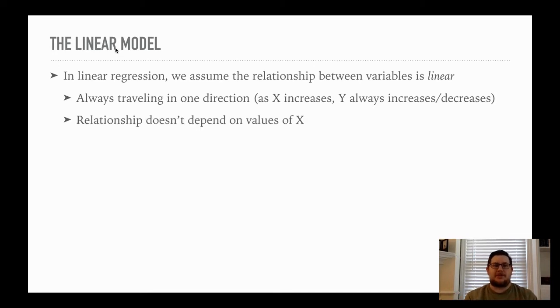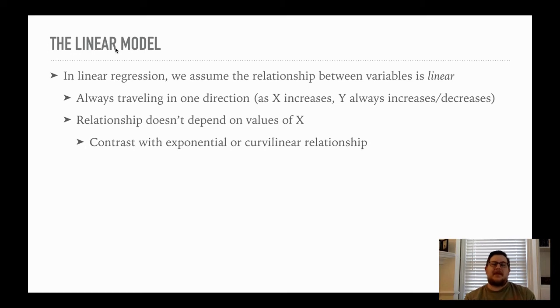It's unidirectional. Also, the relationship doesn't depend on the values of x. The change in y from x equals 1 to x equals 2 is going to be the same as the change in y from x equals 3 to x equals 4.